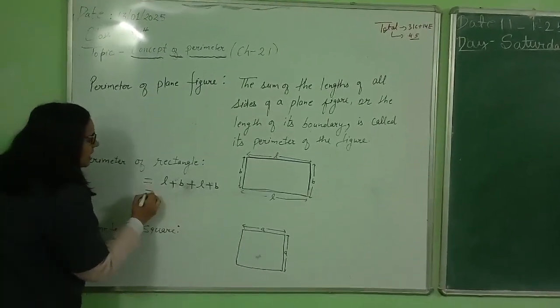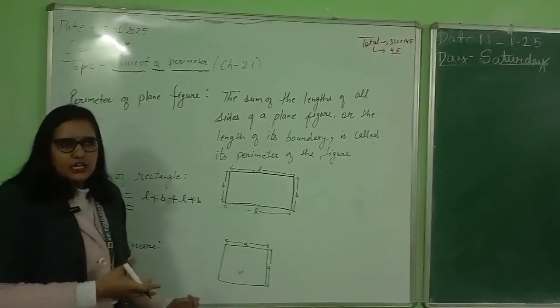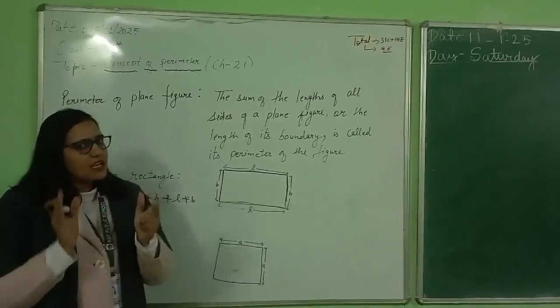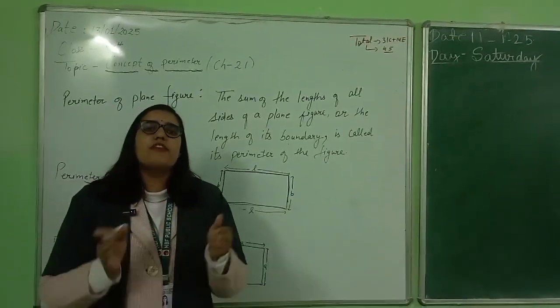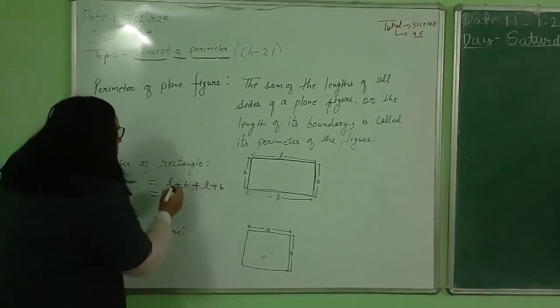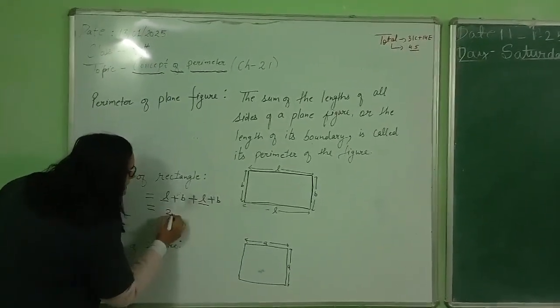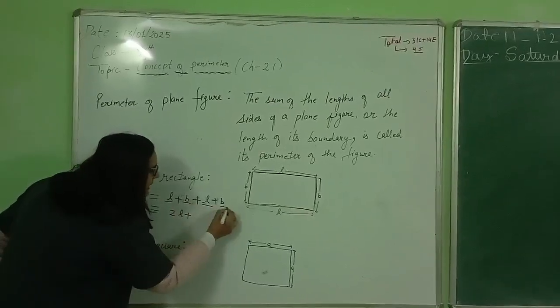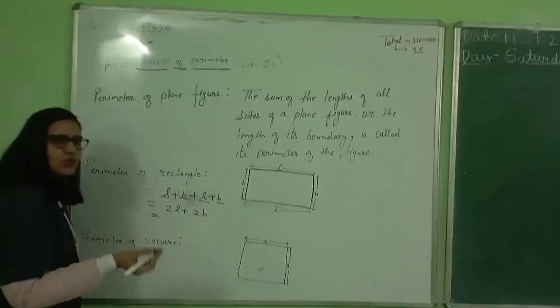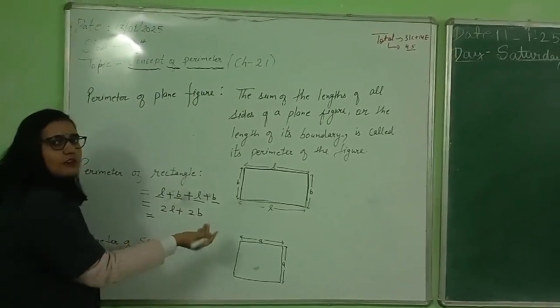Now see what formula is going to be here. You can also directly add and give the answer, but there is a particular formula for the perimeter of a rectangle. So we have to make this formula from here only. So how many lengths? 2 lengths. And how many breadths? 2 breadths. We can take 2 common from here because 2 is on both sides of the plus.